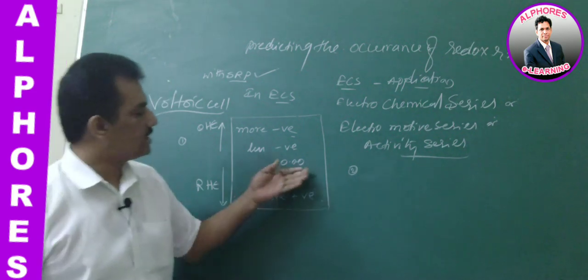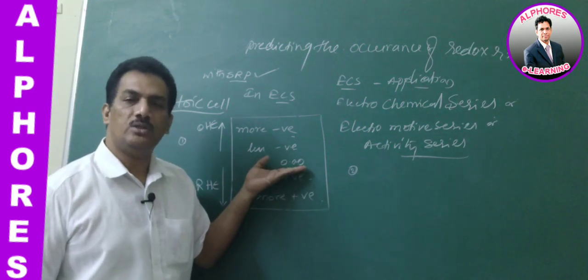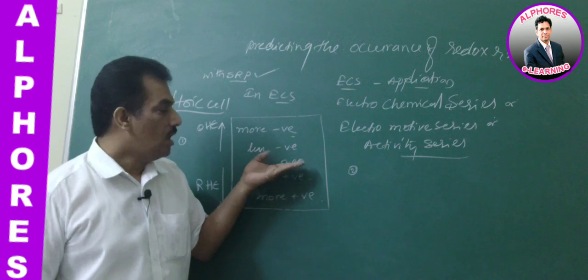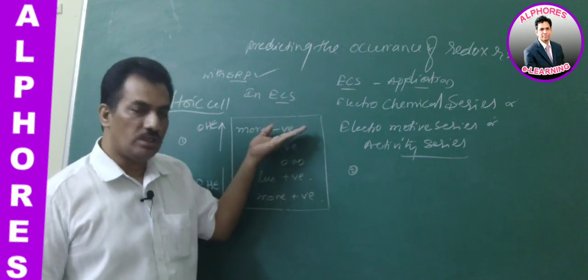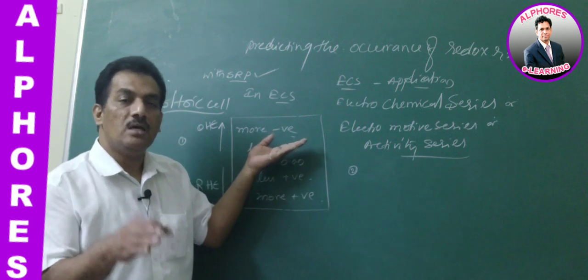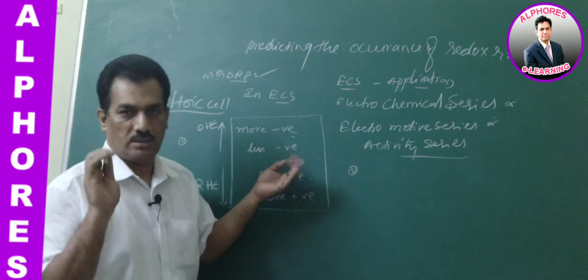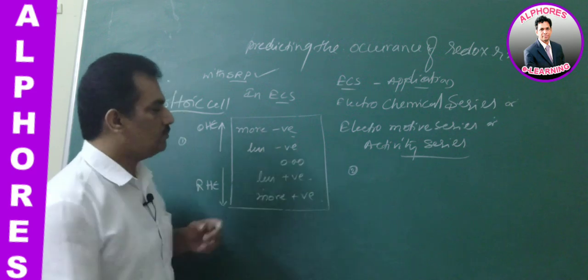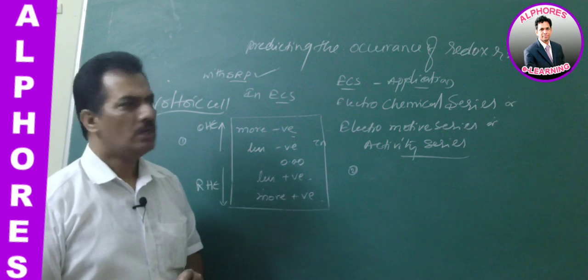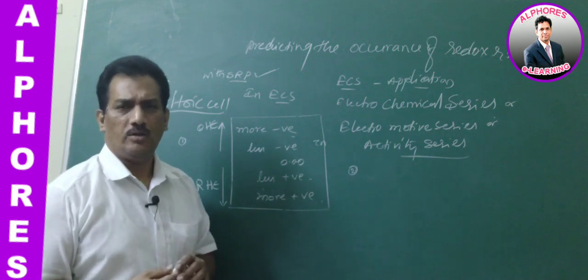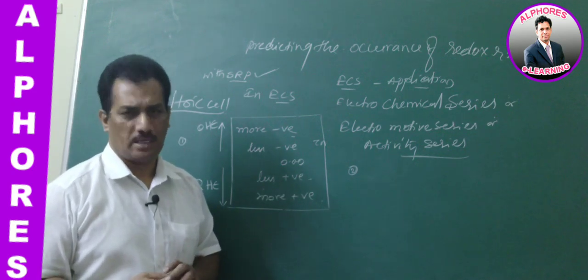Just remember, hydrogen has a zero potential. All the metals with a negative SRP, that is above hydrogen, can release hydrogen from acids. For example, the SRP value of zinc is minus 0.76, so zinc can release hydrogen when it reacts with acids.